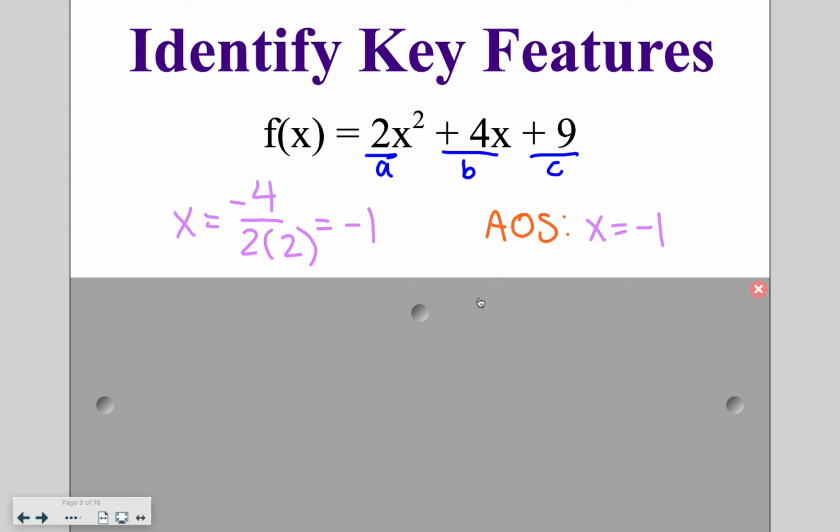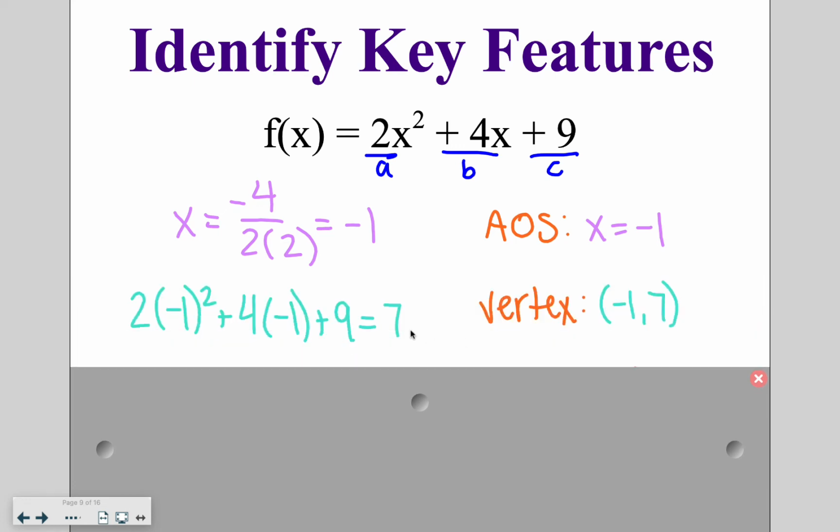Now go ahead and calculate the vertex on your own. So we plug in negative 1 into the equation. We end up with a final answer of 7. So your vertex is at negative 1, positive 7. Finally, determine whether this opens up or opens down.